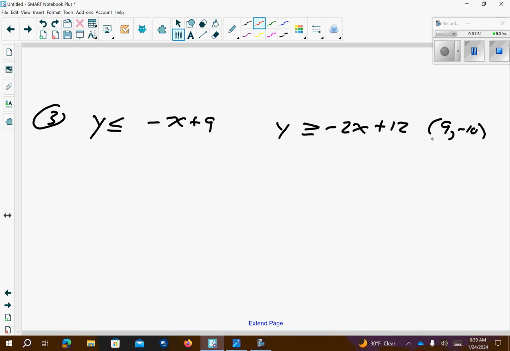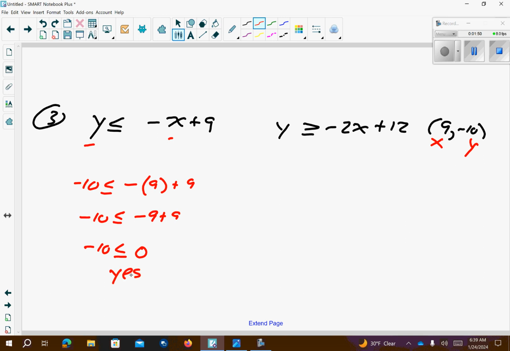Number 3, again, we're going to take my x and my y value, and plug them in. So plug x and y in here and here. So I get negative 10 is less than or equal to negative 9 plus 9. So is negative 10 less than 0? And the answer is yes. It's a smaller value. It's further to the left on the number line.